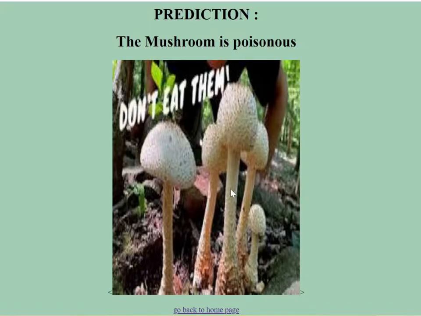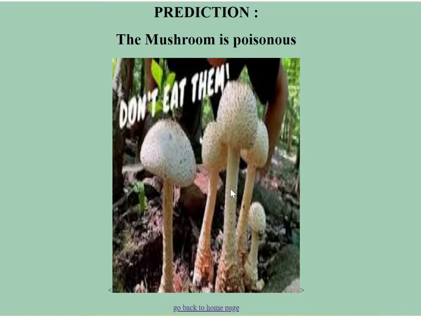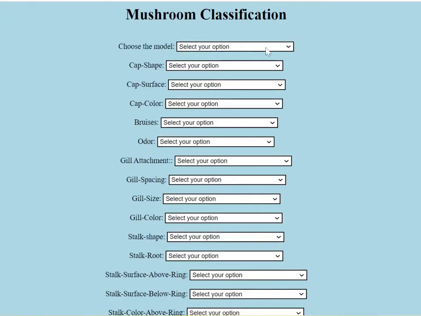For this random selection, the artificial neural networks predicted that the mushroom is poisonous. So let us pick a sample from the original dataset and make the prediction using k-nearest neighbors. The actual class attribute for this selection is edible in the original dataset.